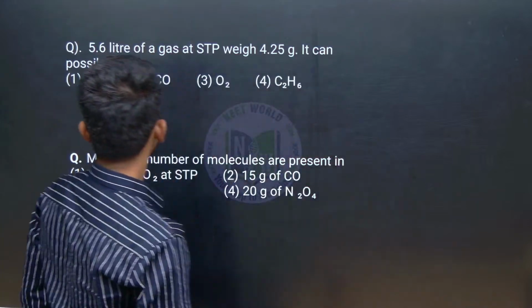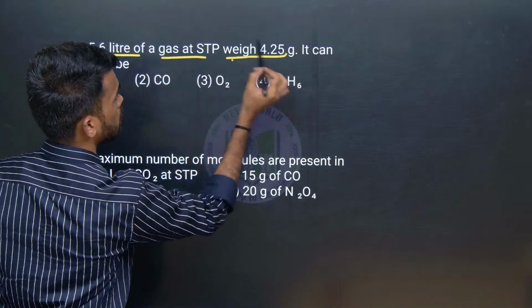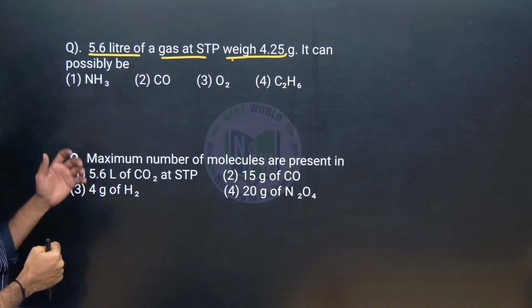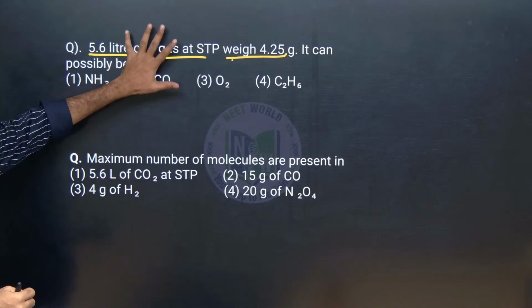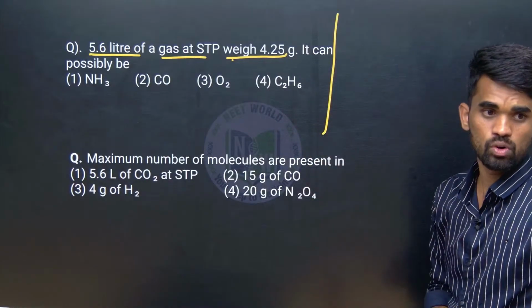Now let us see one question here. Look here, 5.6 liters of gas at STP weighs this much. It can possibly be which gas? In order to solve this question, let us take one easy question first, then later we will go for this.